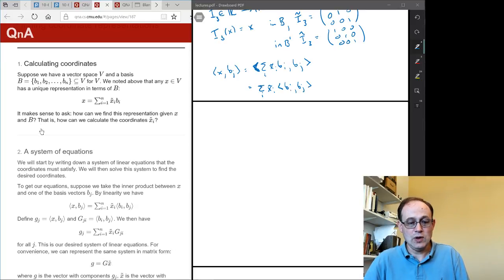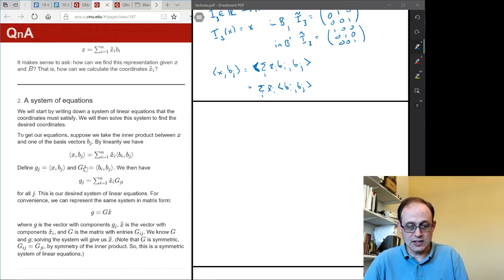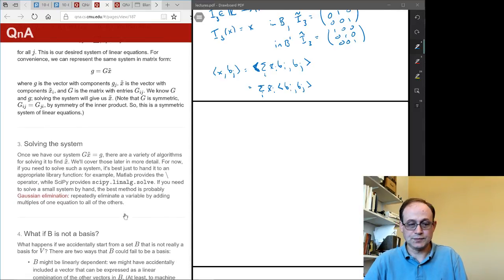So we can calculate the coefficients little gj, and we can calculate the coefficients capital Gji. So we can build this vector and that matrix, hand them to linalg.solve, and get the coordinates of the vector x tilde back in return.